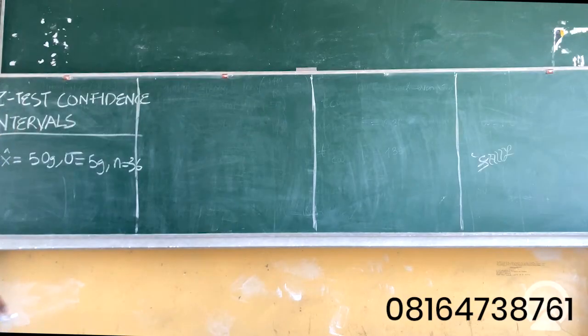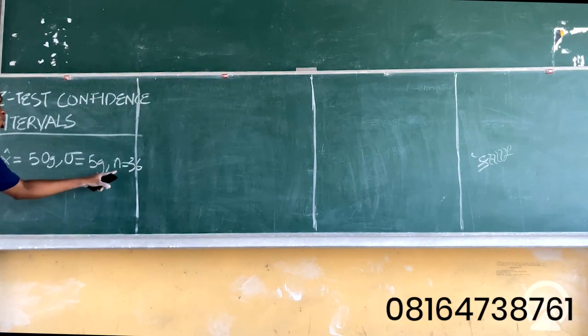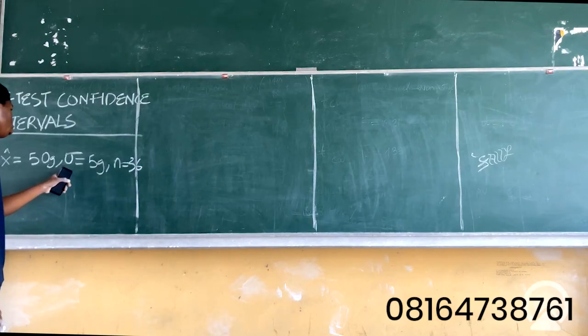Looking at this problem, we know that n is greater than 30, so this is a Z-test problem. And the population deviation, they said in the problem, is known and stable for years, so this is 5 grams. So it's a Z-test problem.